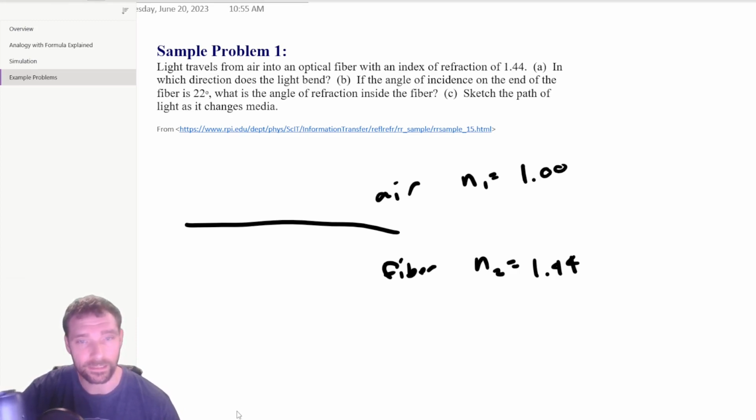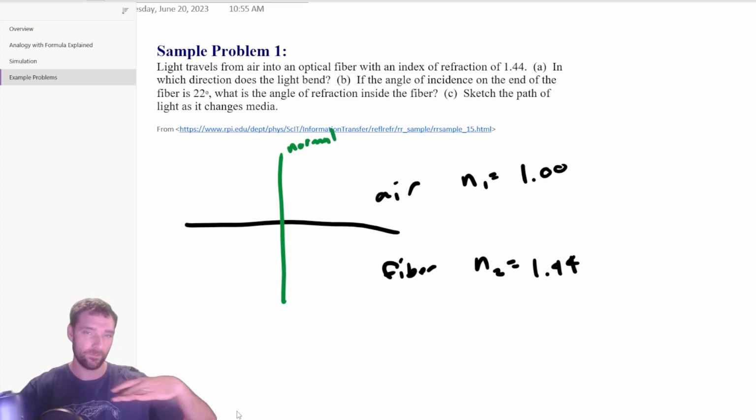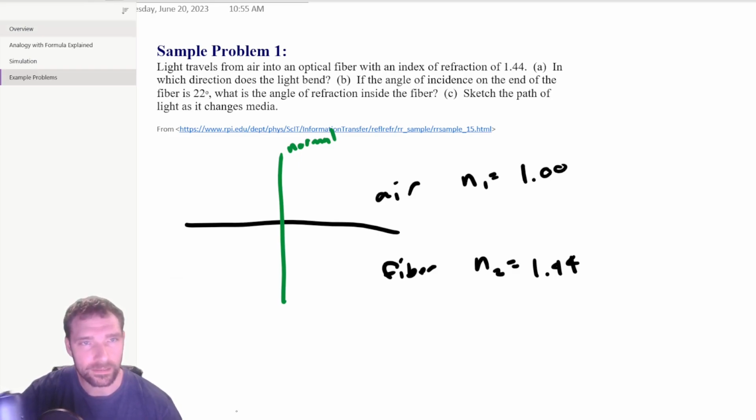We do have the normal line right here. So this is what we call the normal, which is 90 degrees relative from the plane between the two mediums. So you've got medium air and the medium fiber. This is that normal line. So if this angle of incidence is 22 degrees, then that means that it's 22 degrees from here.